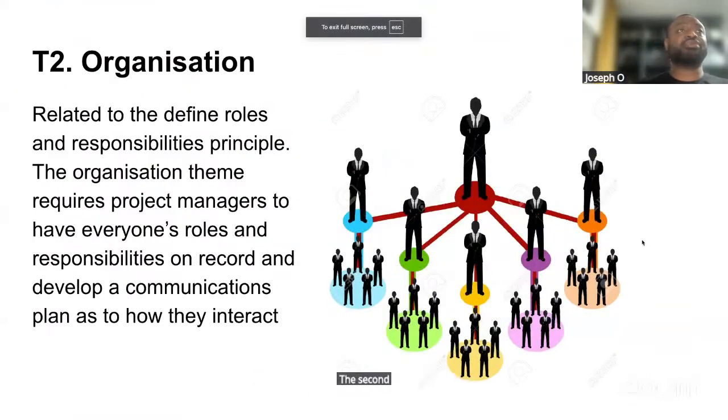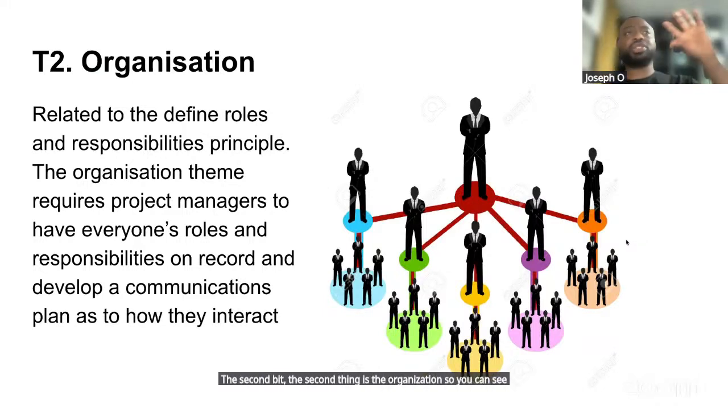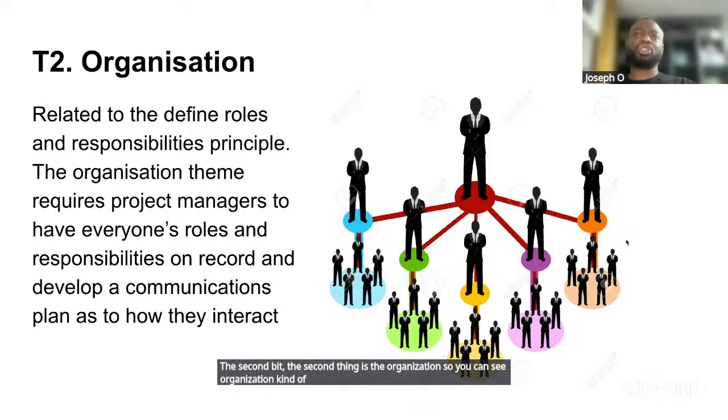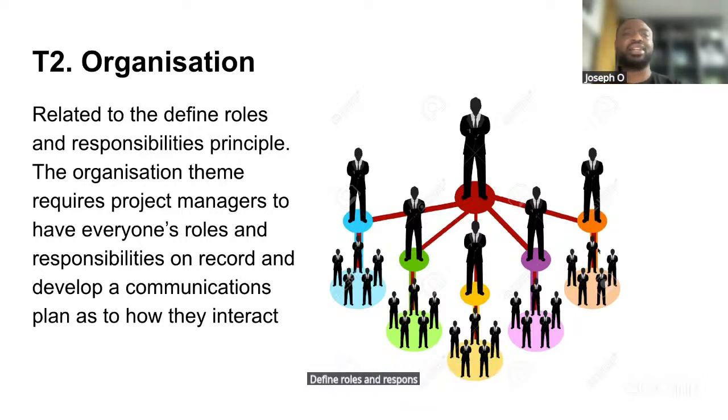The second theme is the organization. You can see organization links directly to defined roles and responsibilities. The organizational theme requires project managers to ensure there are clear communication lines, how each person reports to others, defined roles and responsibilities, and a plan on how people interact.